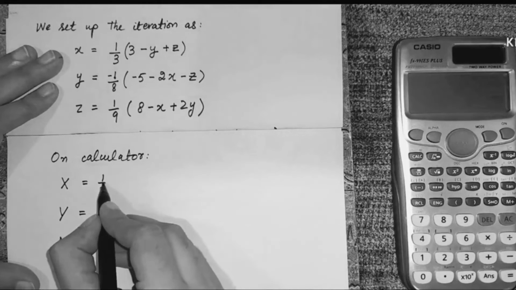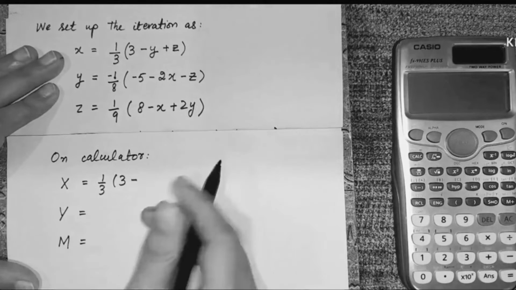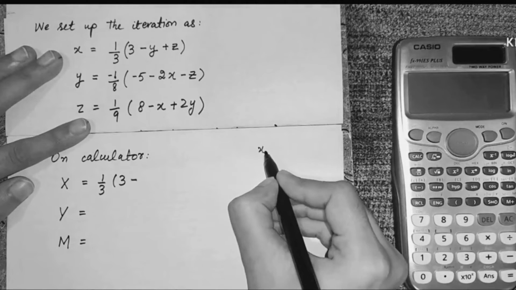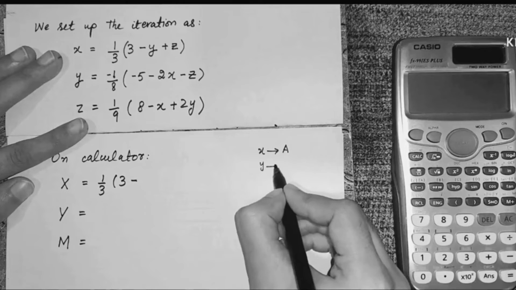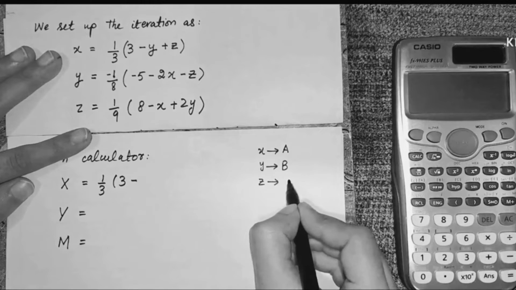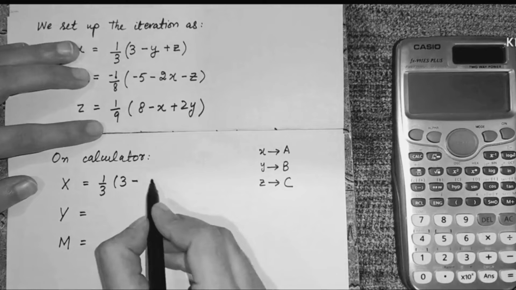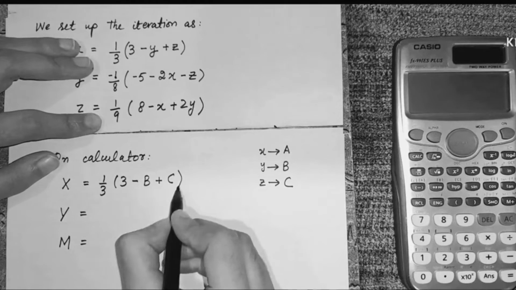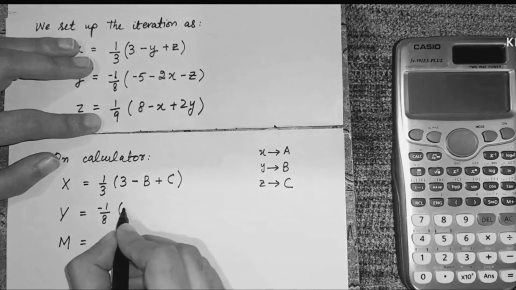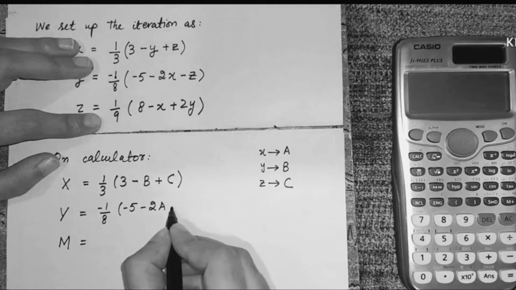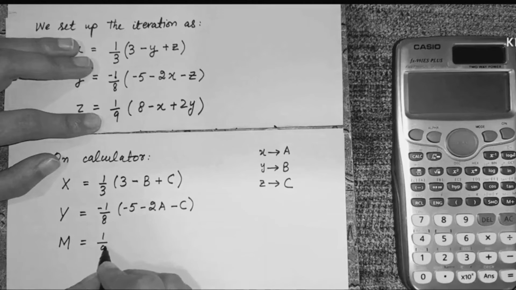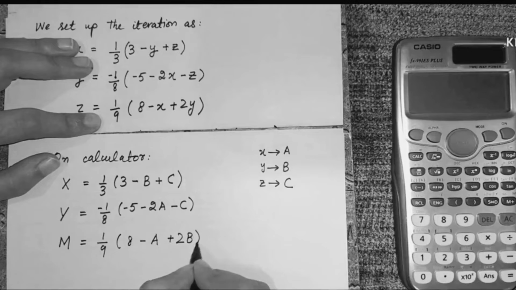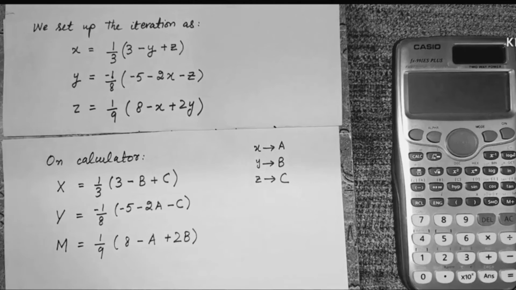So 1 over 3 times minus, now as you know we have to put in the older values, so on the calculator we assign the value of x to A, the value of y to B and the value of z to C. So for the older values, in place of y we write B, so 3 negative of B plus, in place of z, we write C. In the same way we write the rest: 1 over 8 times negative 5 minus 2A negative C. In the same way 1 over 9 times 8 minus A plus 2B.